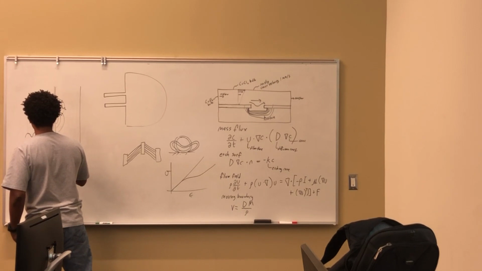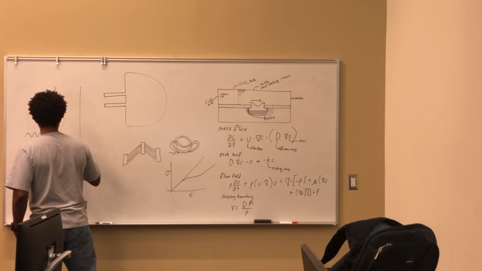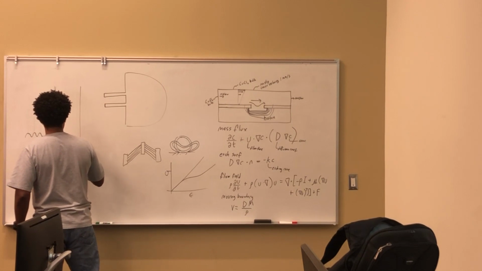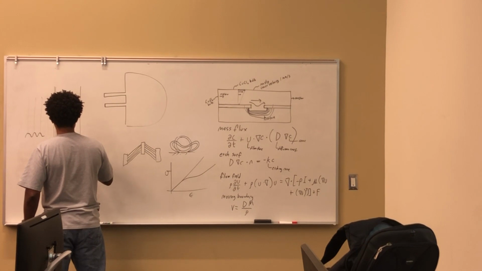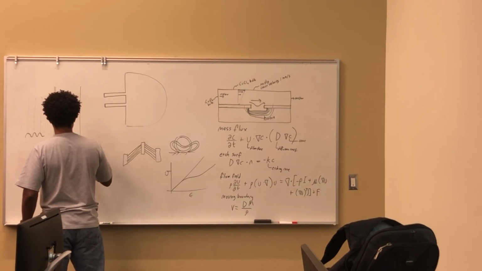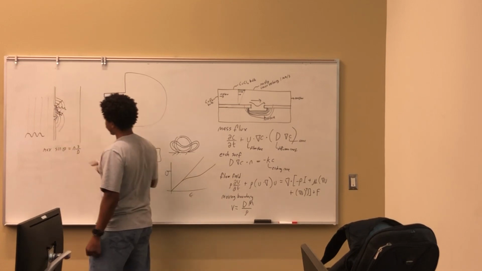Now, for the interference pattern, you're going to have a max at sine theta equals n lambda over d. Lambda is the wavelength of that light.